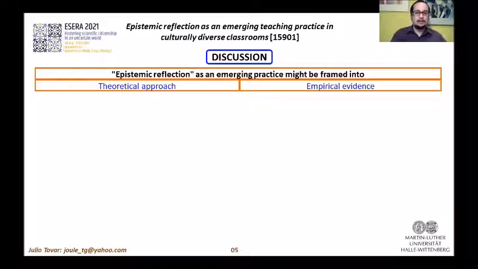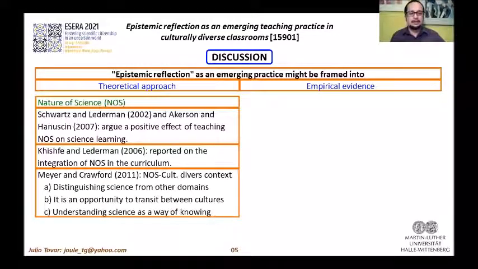The epistemic reflection framed into the nature of science. Different authors argue the positive effect of teaching the nature of science on science learning. Some authors reported on the integration of the nature of science in the curriculum, evidencing the importance of this approach for teaching and learning science.